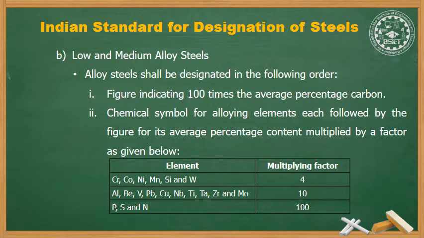So these multiplying factors are considered in designating the different alloy steels. We will see in the example how we can use these multiplying factors.